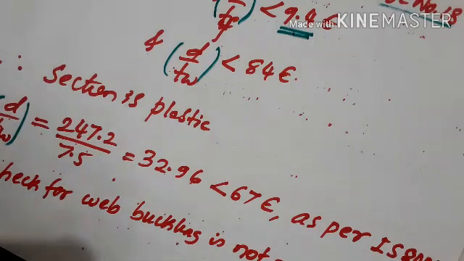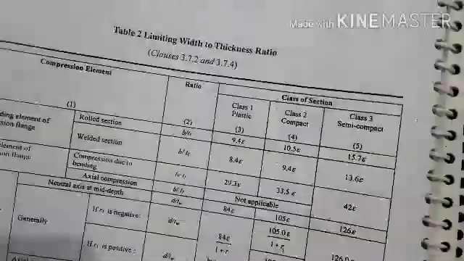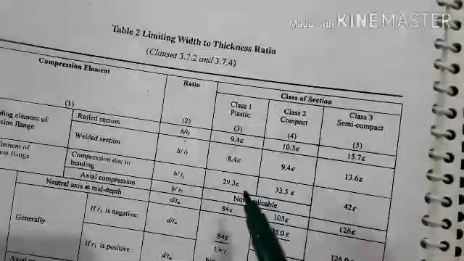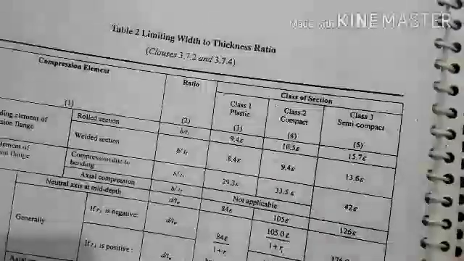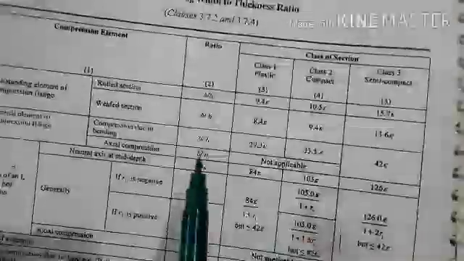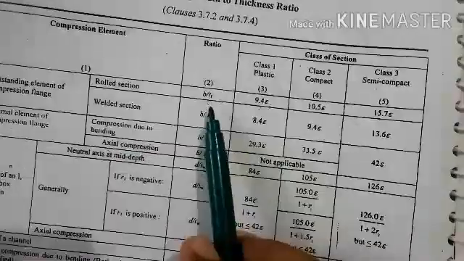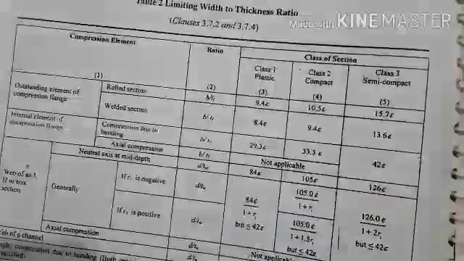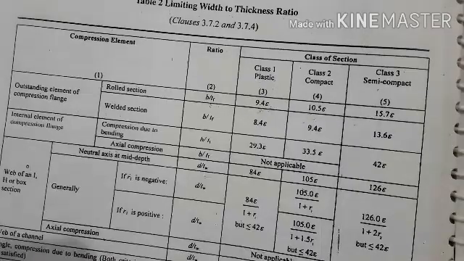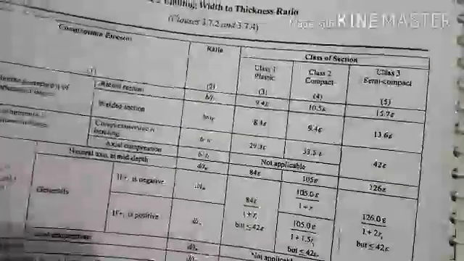Look at this page number 18, Table number 2. Various classifications are given, class 1, class 2, class 3, and the ratios are also given for a rolled section, width to thickness and depth to thickness, and the various limits. According to that you have to check.